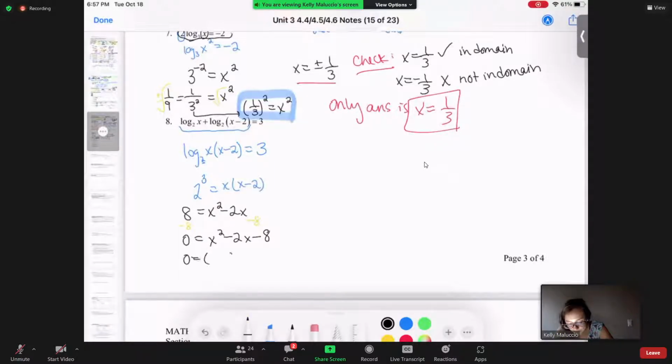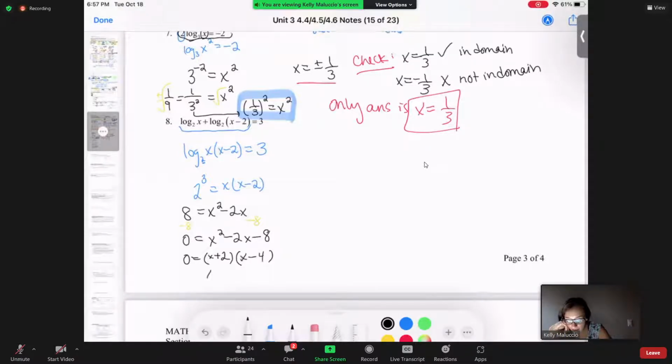And then I can factor, and it's really nice, right? It's going to be 4 times 2, but I want plus 2. So again, I'm getting these 2 answers, but remember the domain thing.